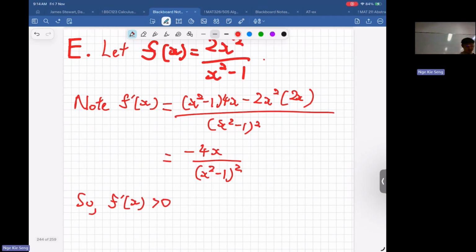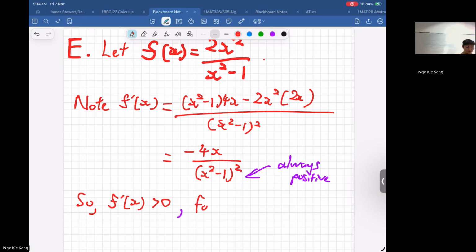Note that the denominator here is always positive, so it won't change if any sign change happens. The only possible sign change happens with negative 4x. Negative 4x will be positive if x is negative, and f prime of x is less than 0 if x is positive.